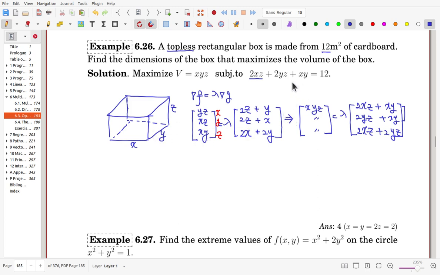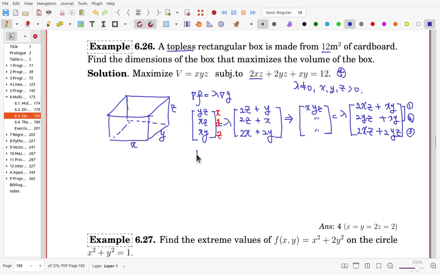So physically we know that lambda cannot be 0, and x, y, and z must be positive. That's the reason. Now these are the same, so this is equation 1, equation 2, equation 3, and there is equation 4.